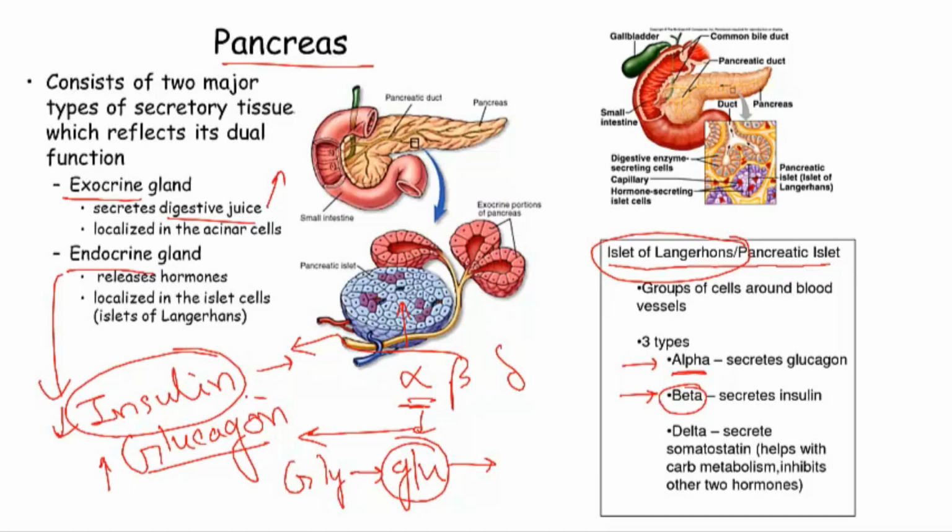In that condition, glucagon needs to break down glycogen to produce glucose and shift the concentration of glucose back into the bloodstream. While the third type of cells, delta cells, produce somatostatin, which inhibits the activity of both insulin as well as glucagon hormone, and it also regulates the process of carbohydrate metabolism a little bit.